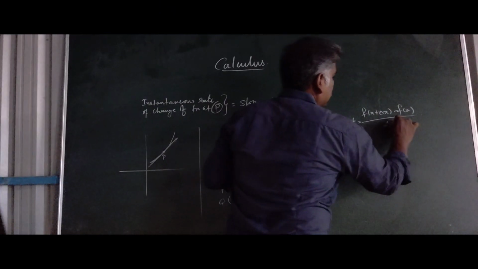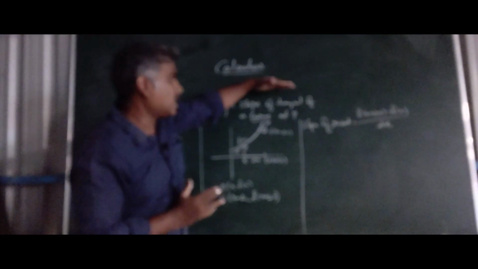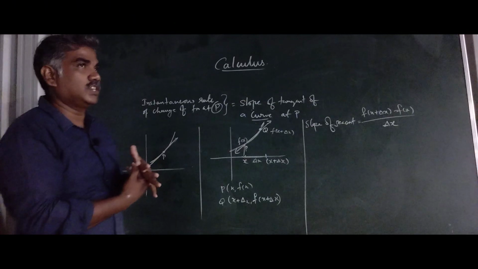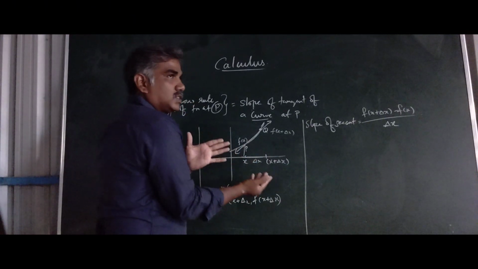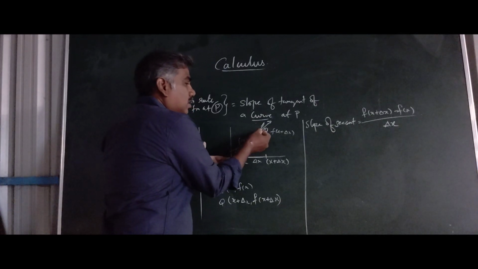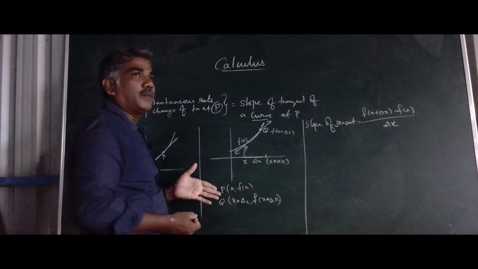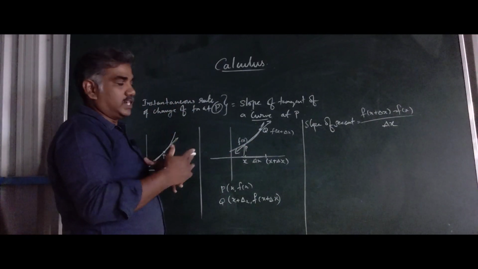So now our idea is to find the slope of the tangent. So what we have to do is convert the secant line into the tangent line. For that, the point Q must go nearer to the point P, then only we will get the tangent.